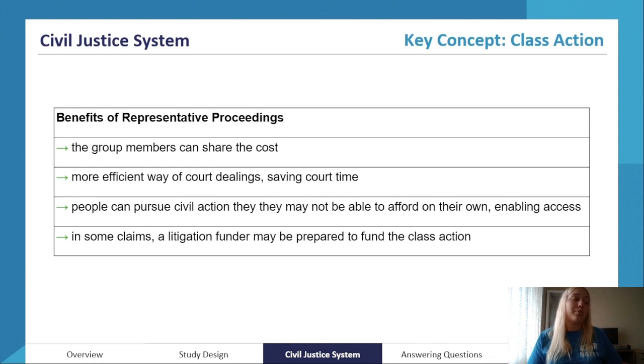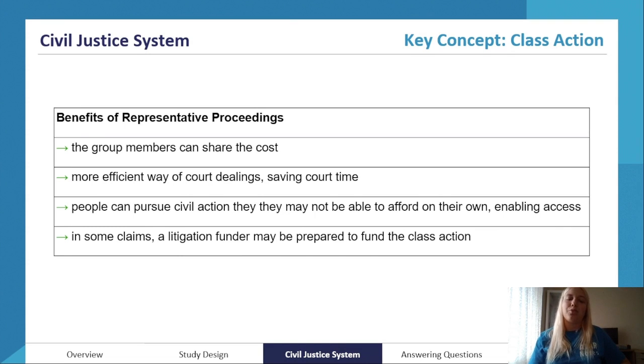So that's why people may not want to initiate a claim by themselves, because if they lose, they lose a lot of money if they don't prove the liability of the defendant. And even if they win, they still paid legal costs and legal fees to go to court. So they still lose money if it's for a small claim. This is why it's important for group members to have the ability to share the cost.